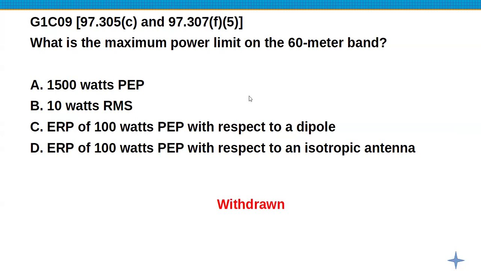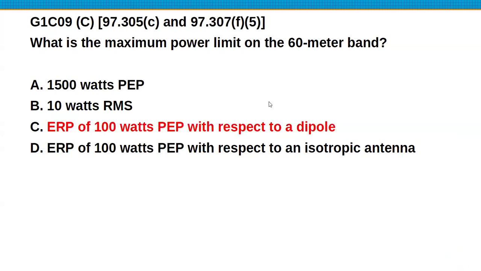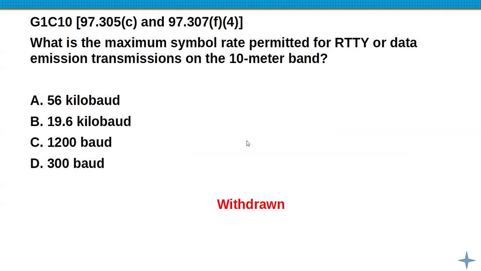Okay, so what is my power limit on the 60-meter range? Oh, we just saw that. I'm guessing that's the Charlie? Yes. Oh, yeah, another withdrawn. That's the same one, isn't it?